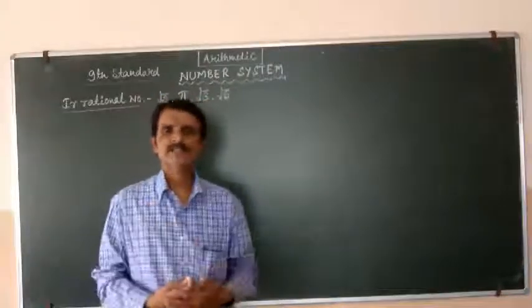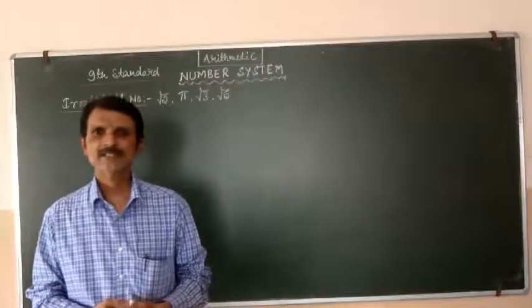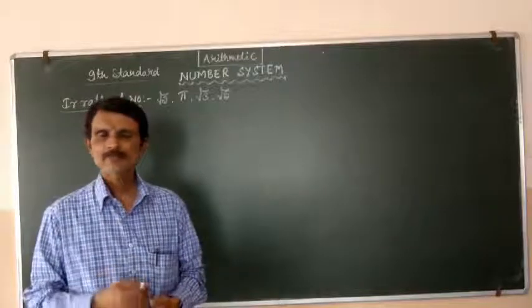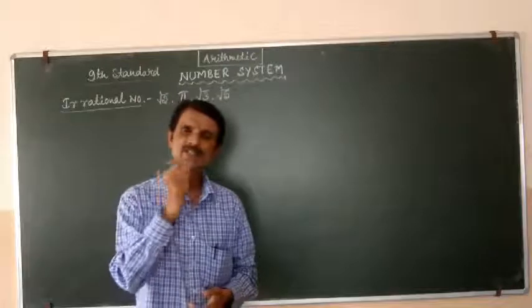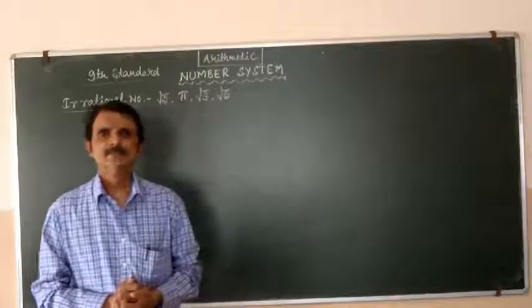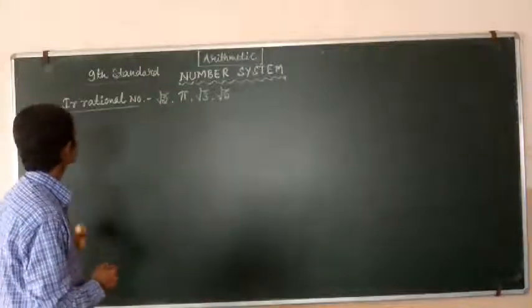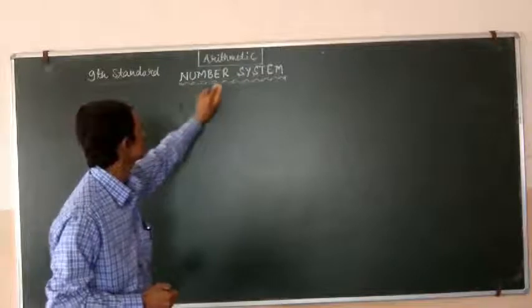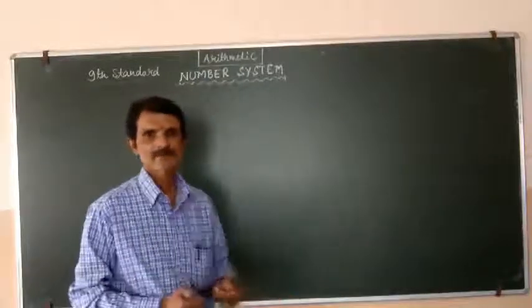on the number line. Students, for this representation of the irrational numbers on the number line, we are going to use the most famous theorem, that is the Pythagoras theorem, which is given by the Greek mathematician Pythagoras.